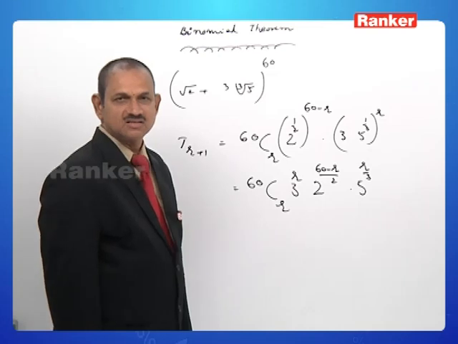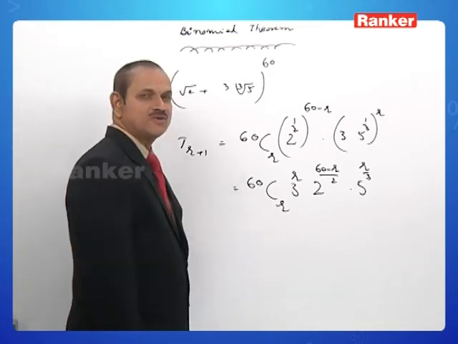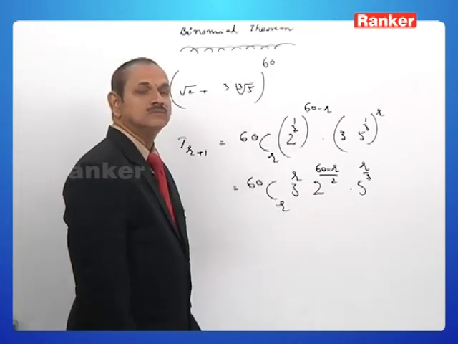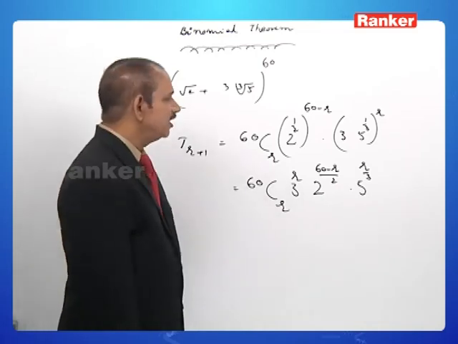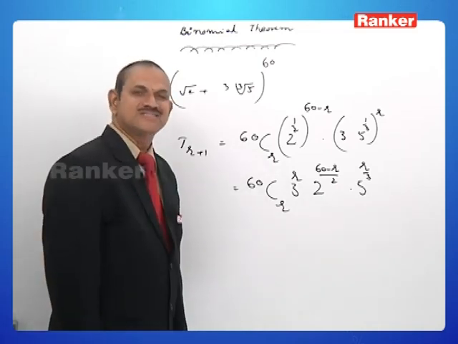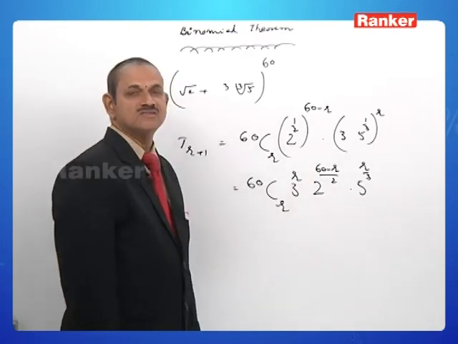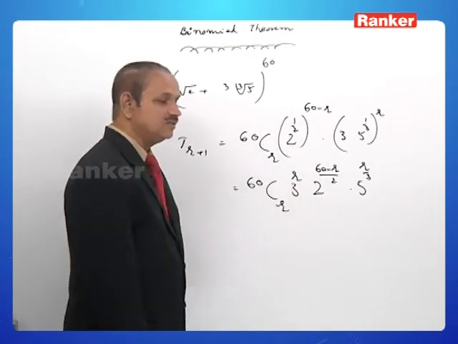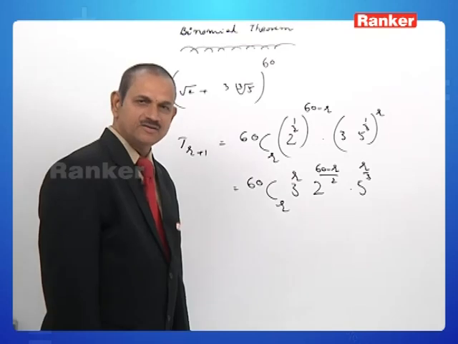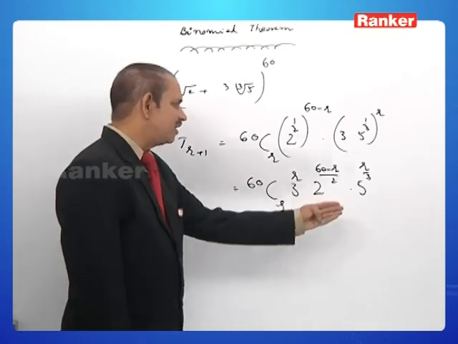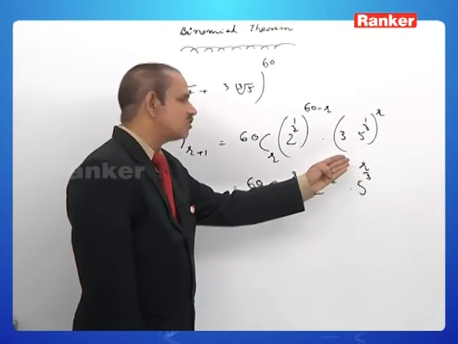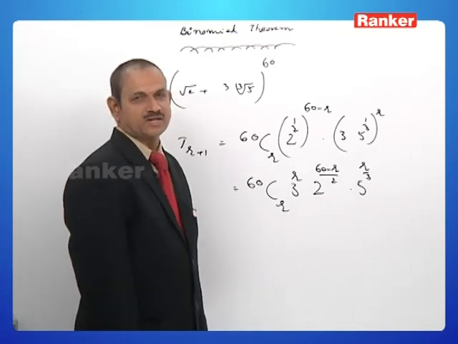It is 6. If you place r is equal to 0, 60 by 2 is 30, an integer. If you place r is equal to 6, then 60 minus 6 is 54, by 2 is an integer, and 6 by 3 is an integer.